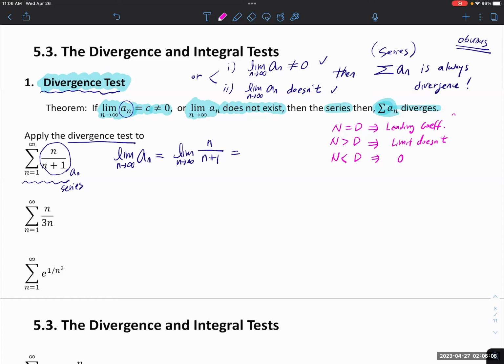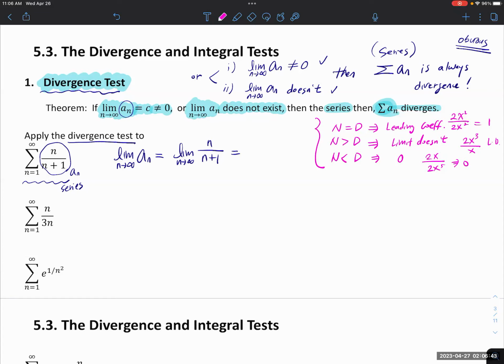For example, 2x squared over 2x squared: taking the limit of this form gives 1, because 2 over 2 is 1, since you have the same degree top and bottom. In the second case, the numerator degree is higher than the bottom, so the limit does not exist. Last case, say 2x over 2x to the 5th, the bottom is higher, so the limit is always 0. This is from calculus 1, how to calculate the limit of a fraction form.